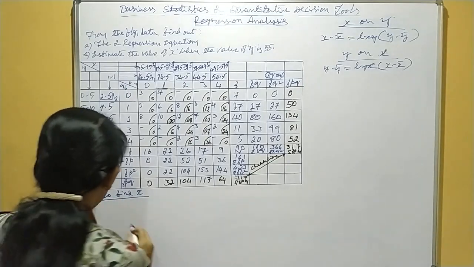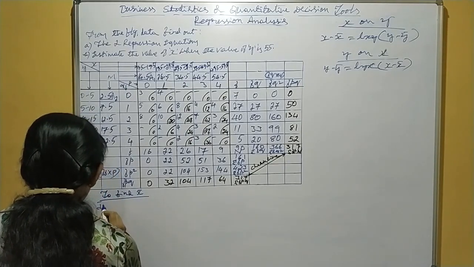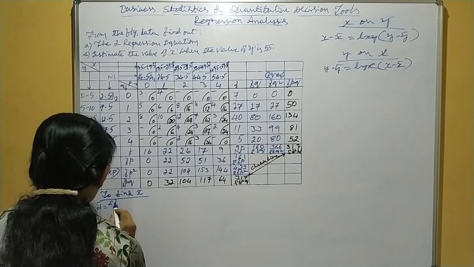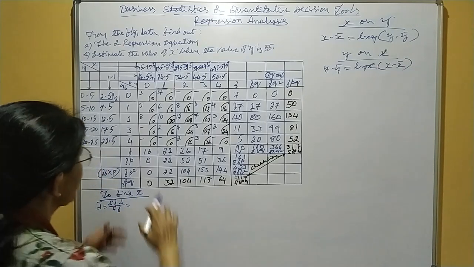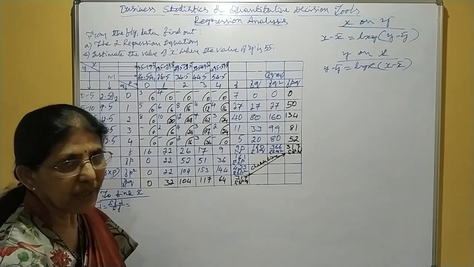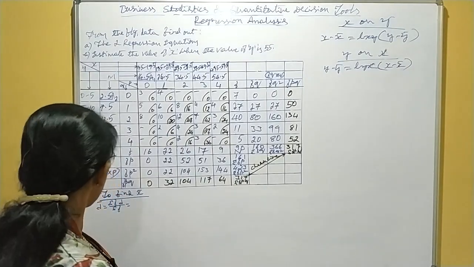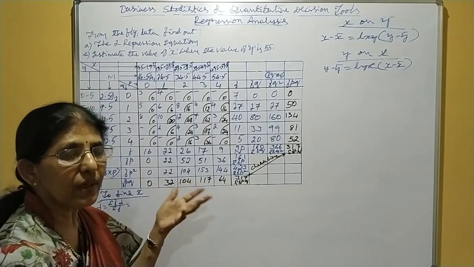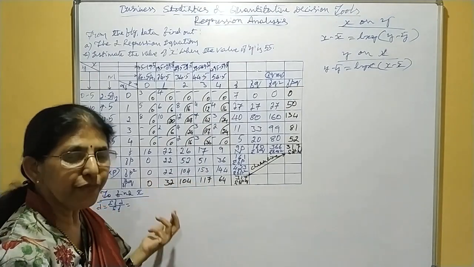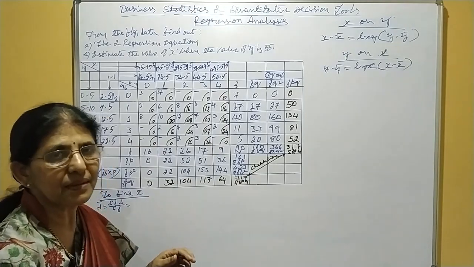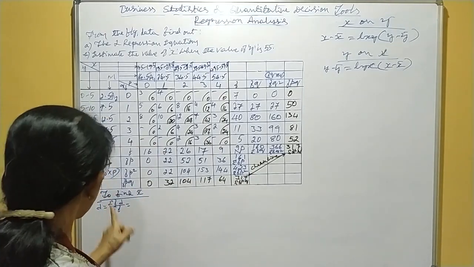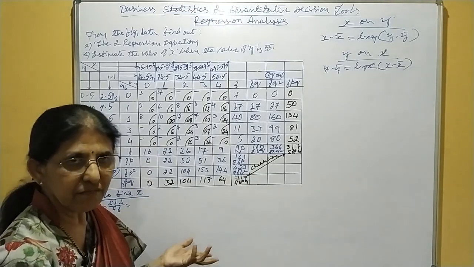To find x bar, first we have to calculate d bar. D bar equals sigma fd divided by sigma f. Here in the table we don't have sigma fd. Sigma fd means what? The total of the fd column. F means frequency, d means what? Deviation of variable x, isn't it? Here in the place of d, what have we done?